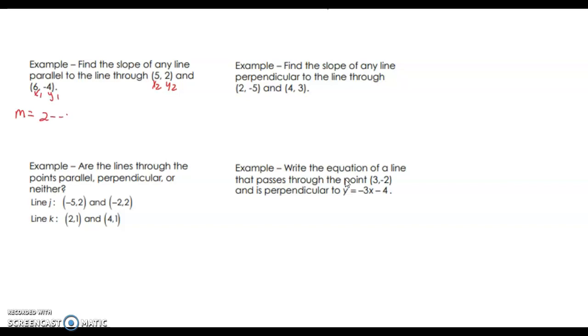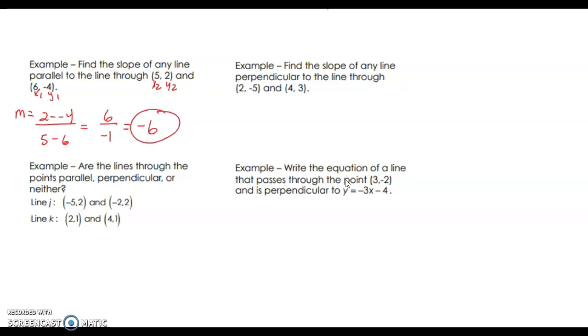So we have 2 minus negative 4, and 5 minus 6, because it's y2 minus y1 over x2 minus x1, the slope formula. 2 minus negative 4 is 6, and 5 minus 6 is negative 1. And 6 divided by negative 1 is negative 6.